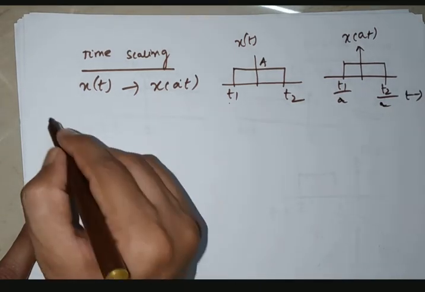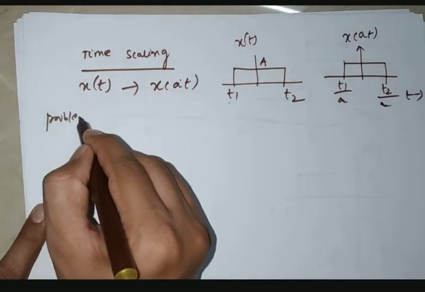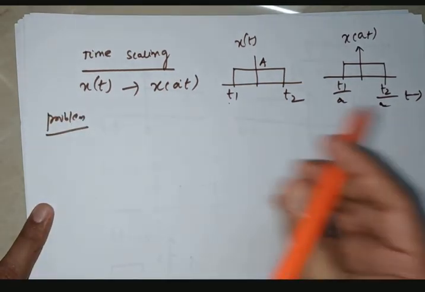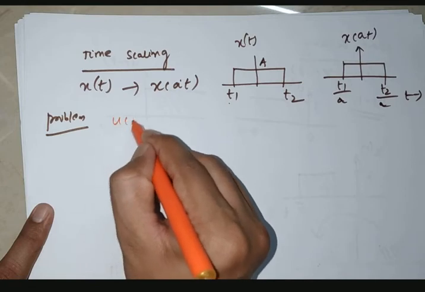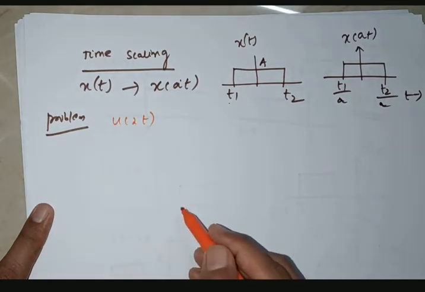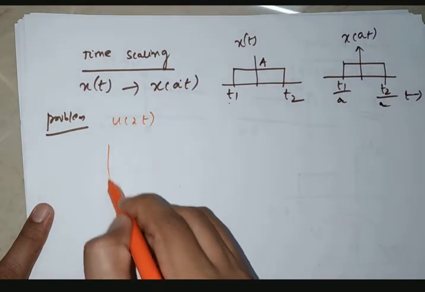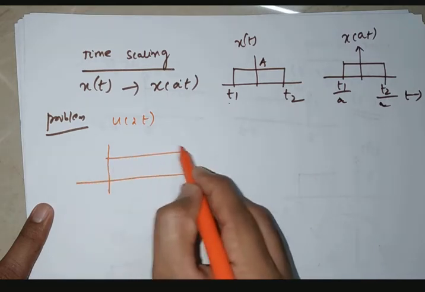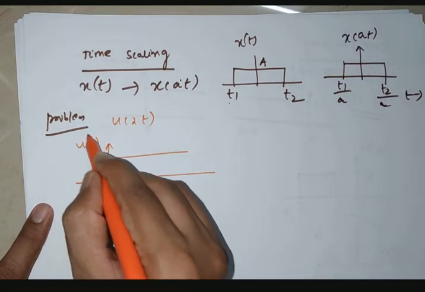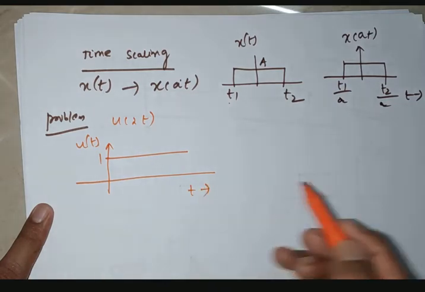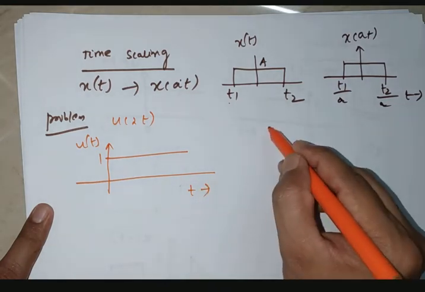Now take some problem. Let us find u of 2t. How to find it? This is u of t, and how do we find u of 2t?